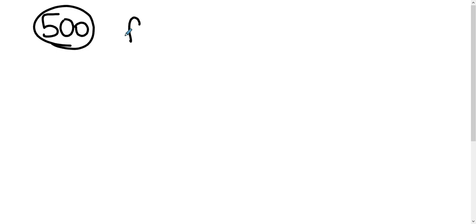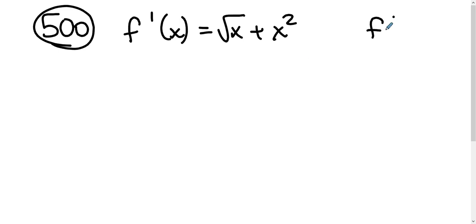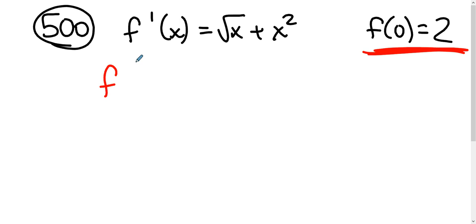Okay. I also asked us to do question 500, which said, suppose that f prime of x is square root of x plus x squared, and suppose that f of 0 is 2. As soon as you see one of these, this is what we call an initial value problem, because we have an antiderivative, but we can find the c because we have this information sitting right here. So we think to ourselves, what's an antiderivative here?